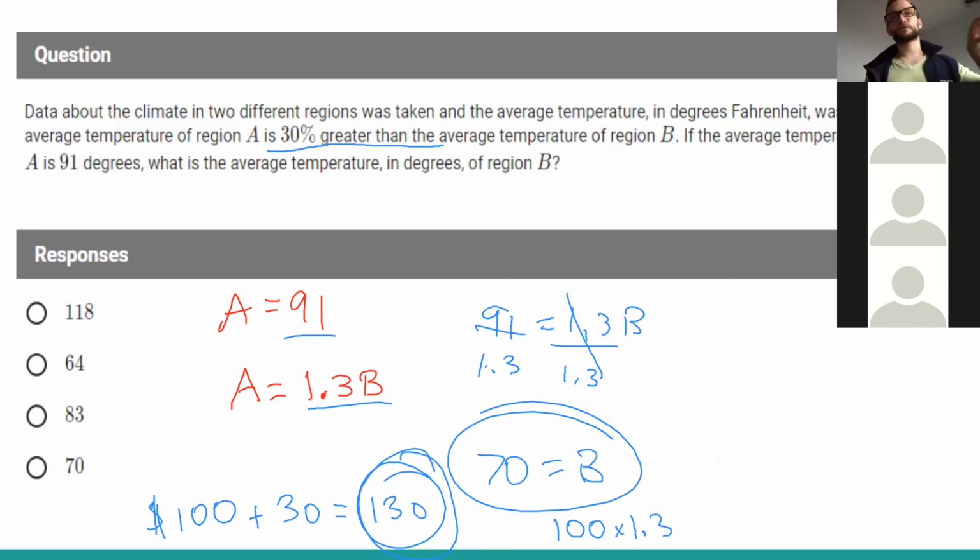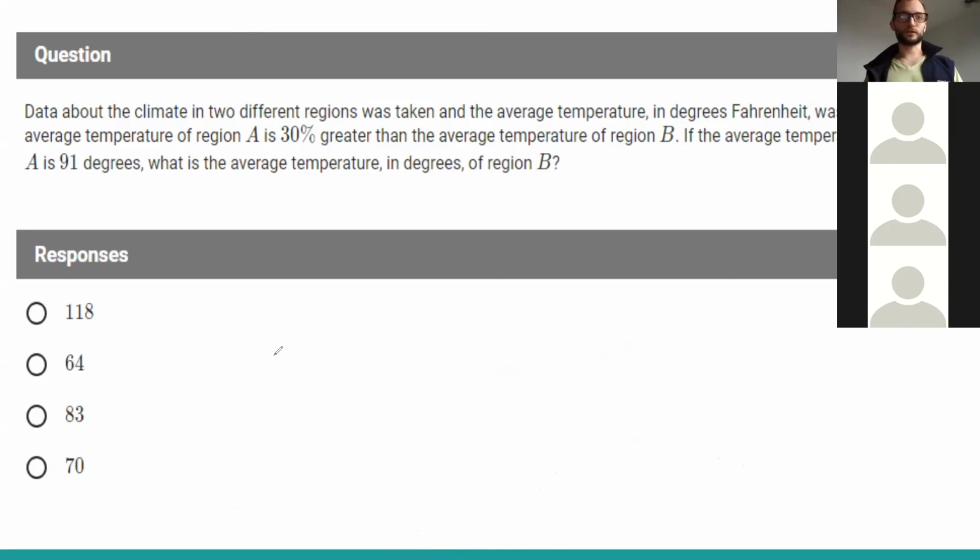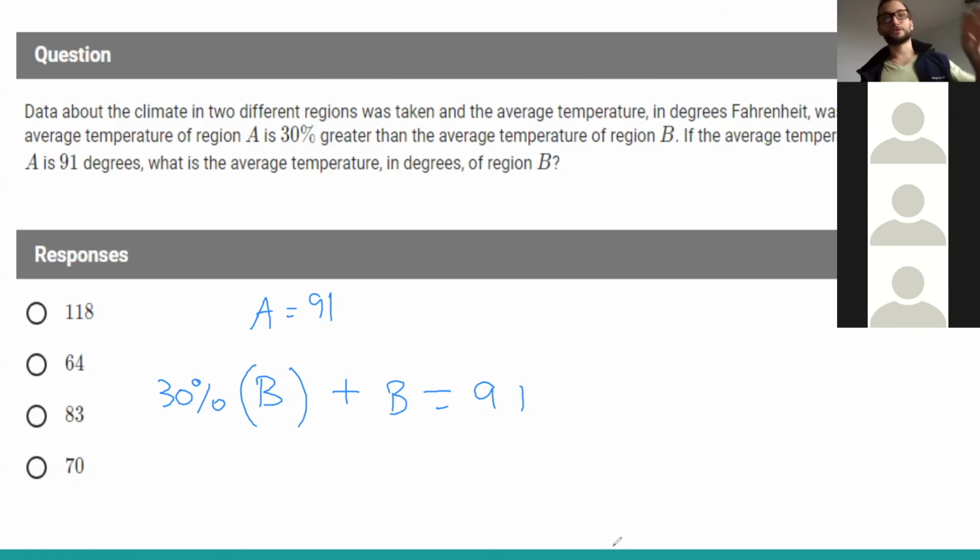The easy way is to say A is 91, and this number is 30% greater than B. So you take 30% of B, add it back to B, the original, and that gives me 91. The problem is you guys took 30% of 91 and subtracted that.